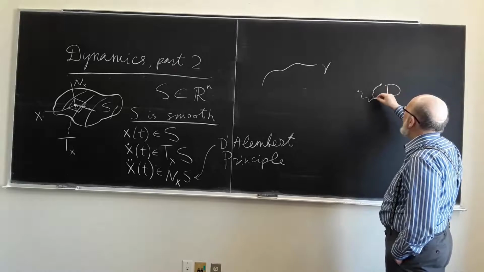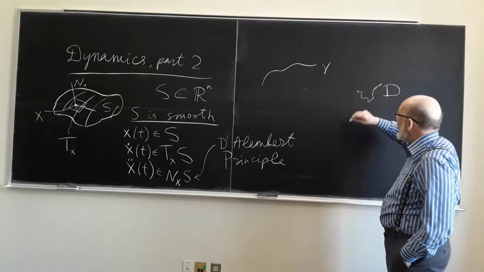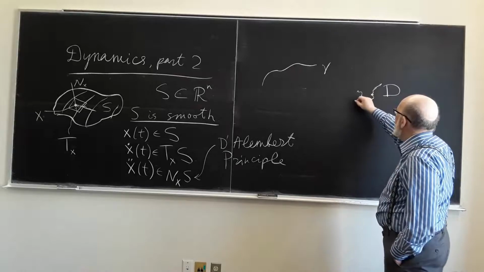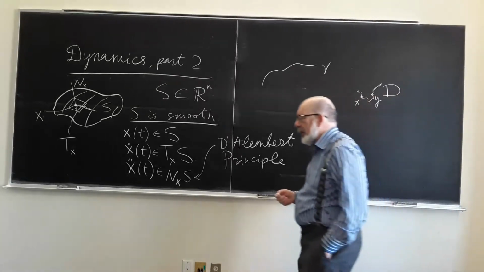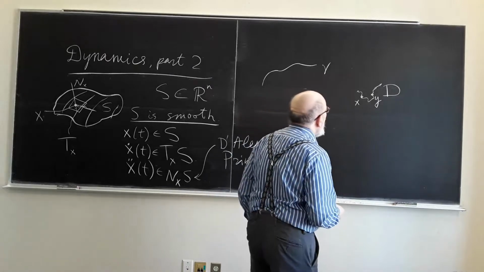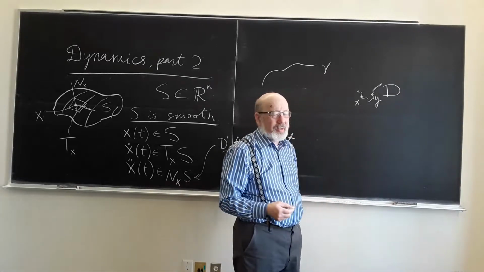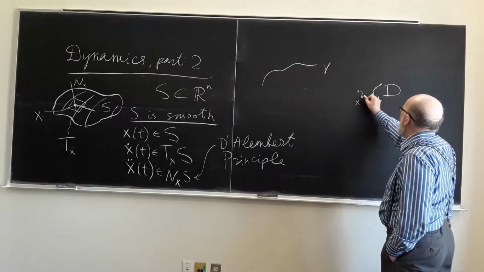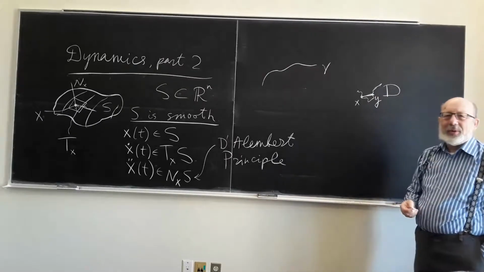I draw it like a curve, in fact it's infinite dimensional, then we can introduce the following characteristic of its regularity. We take 2 points, x and y, and we consider the distance between them. And in fact, what is the distance? We have here 2 candidates for the distance. One distance is just distance along the straight segment between them.